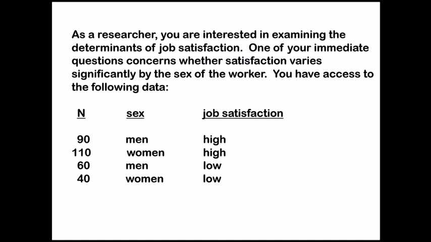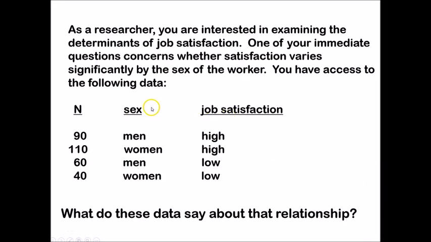And so we have here a set of data. So we have two variables, sex and job satisfaction, and each of them have two attributes, men and women, of course, for sex, and to keep job satisfaction simple, we'll just say it's high and low. Now, just looking at this table here, what can we say about that relationship?